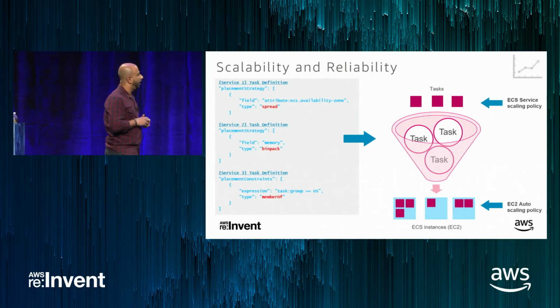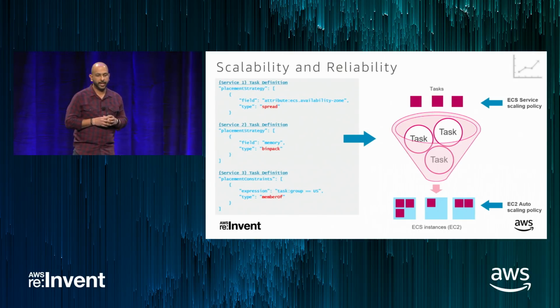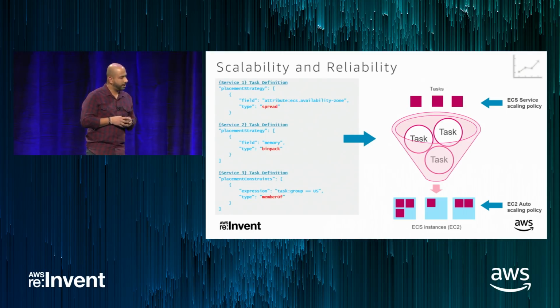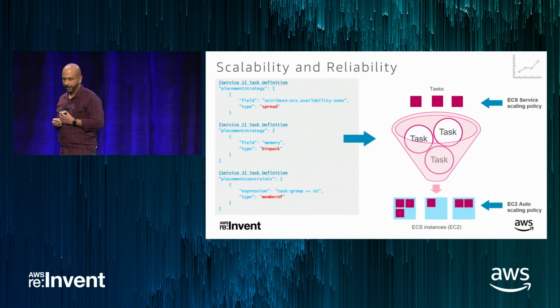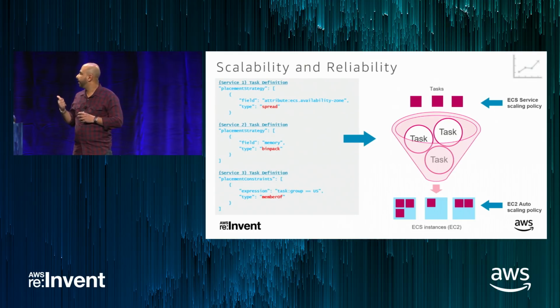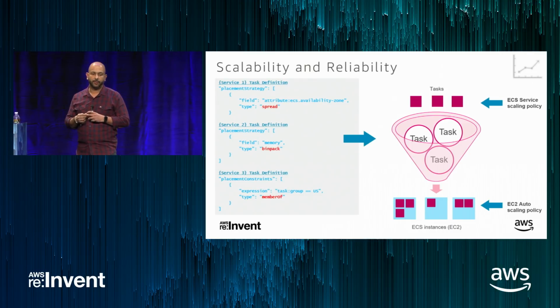Let's go back to those 3 examples. First, service 1. If you remember, it requires high availability, which means that we need to have the task across all our availability zones. For that, we use the placement strategy called spread, and the attribute we have specified is availability zone.